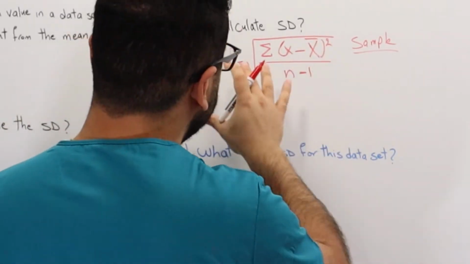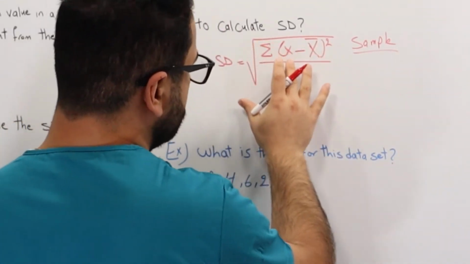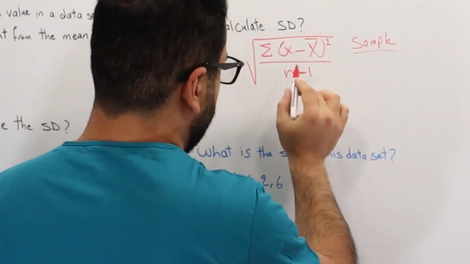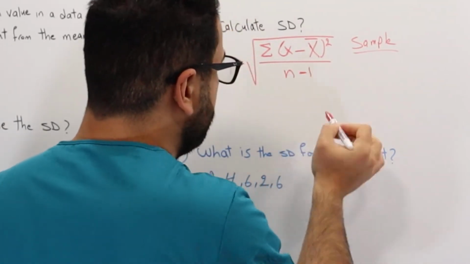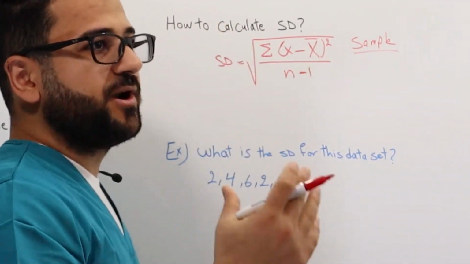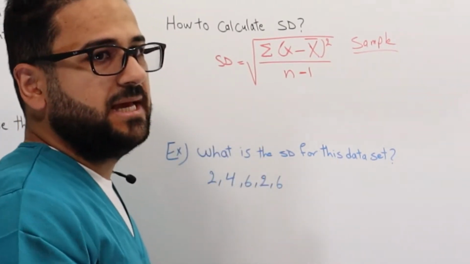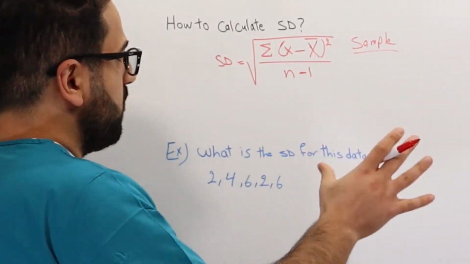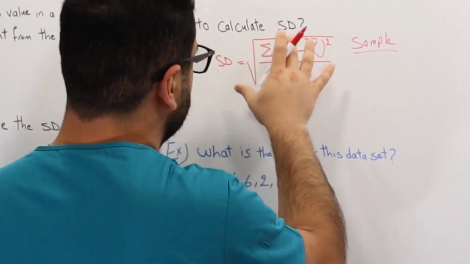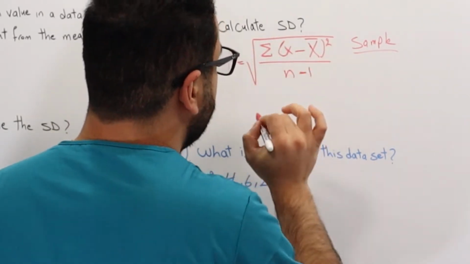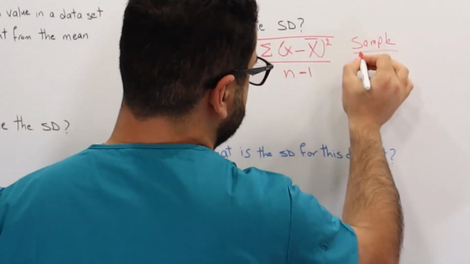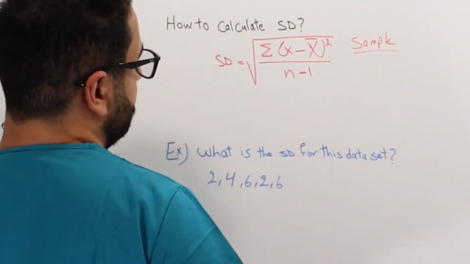If you see an equation that is so similar to this, but has only an n instead of n minus 1, that's for a population, and it's not really used in studies. Mostly you're going to see this equation with n minus 1, which indicates a sample standard deviation calculation.